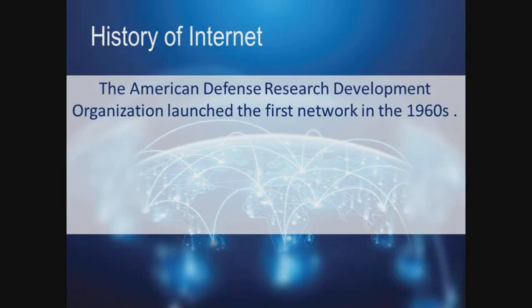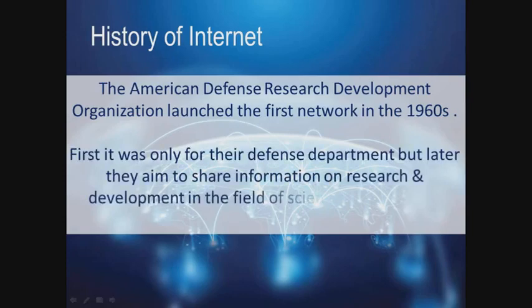In your book you can see it is written as 1969. Yes, obviously it is 1969. But the development was started earlier than 1969, and in the year 1969 it was launched officially.